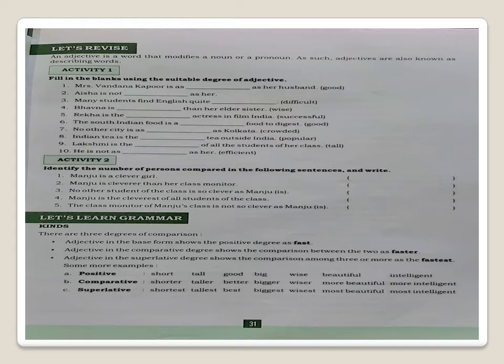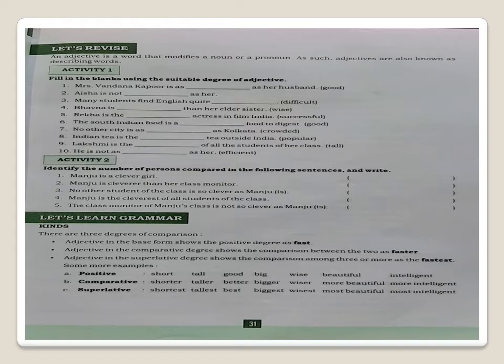Then see the fifth one: Rekha is the dash actress in film India. So here we'll use the superlative degree, because we compare Rekha with all the actresses of the film industry. So Rekha is the most successful actress in film India. Got my point?